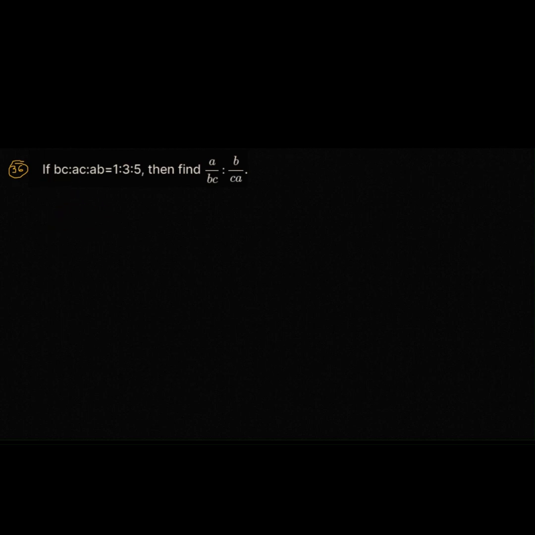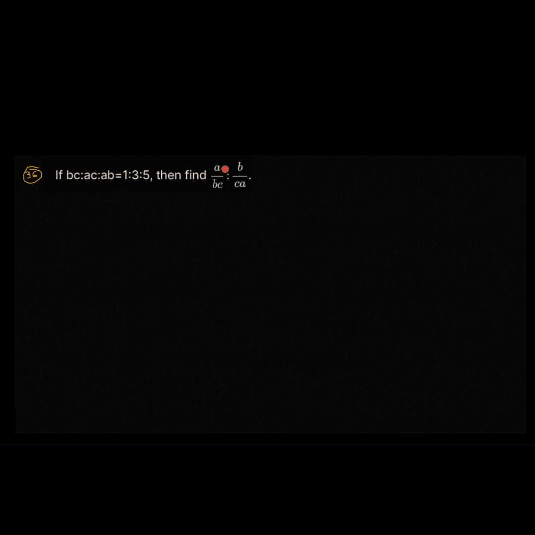As you see here, if BC is to AC is to AB equals 1 is to 3 is to 5, then we need to find A by BC is to B by CA. We have to derive this ratio.